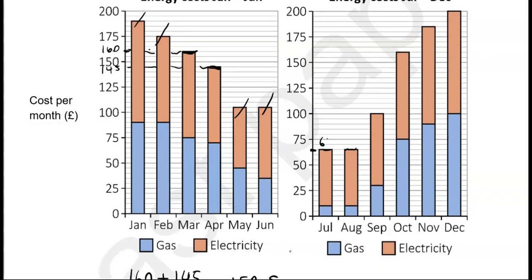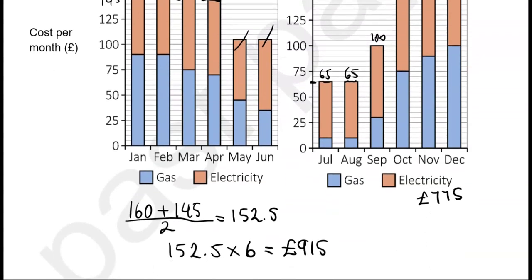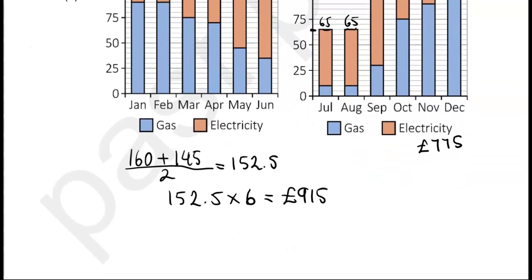So I'm going to write them here, 65, 65, then 100, then 160, then 185, and then 200. So adding these with a calculator gives us 775, which is less than 915.